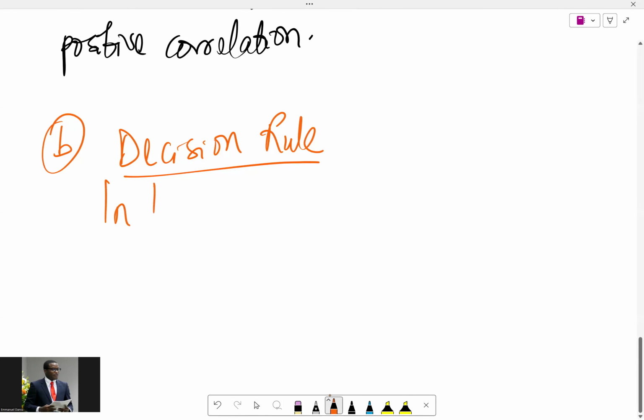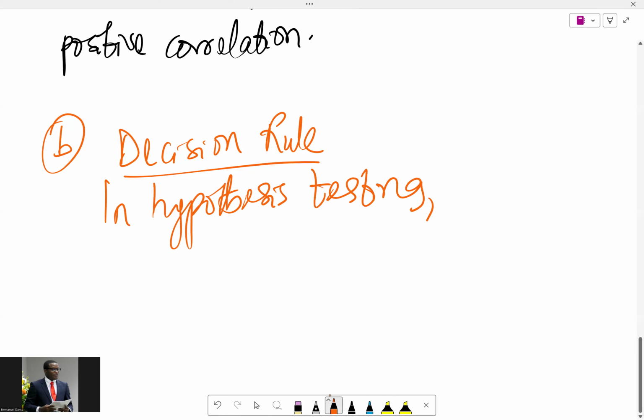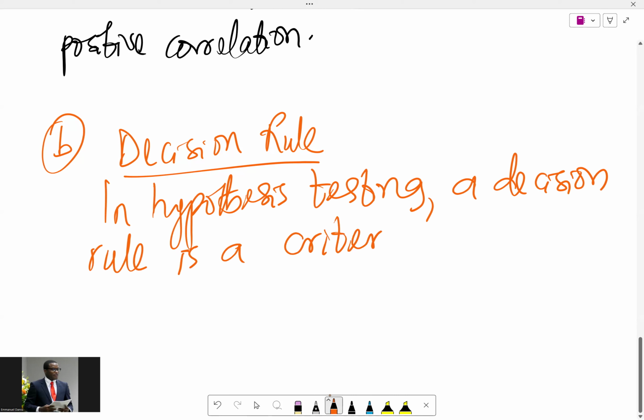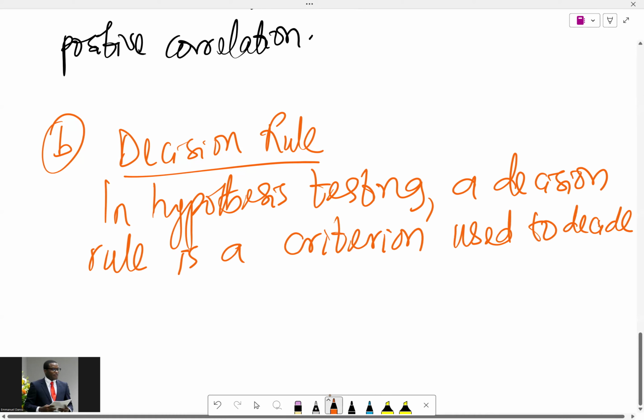In hypothesis testing, a decision rule is a criterion used to decide whether to reject the null hypothesis.